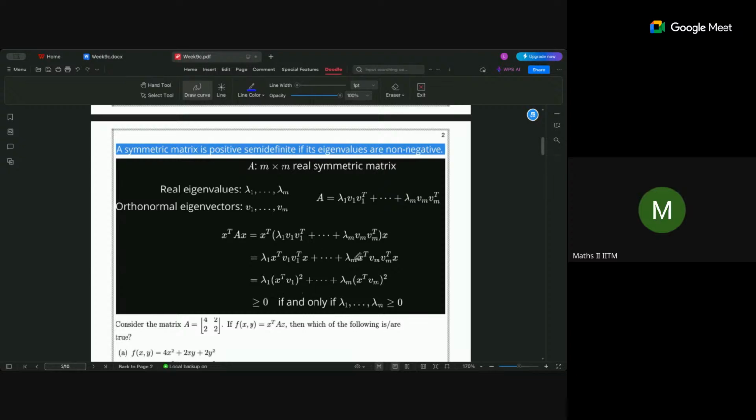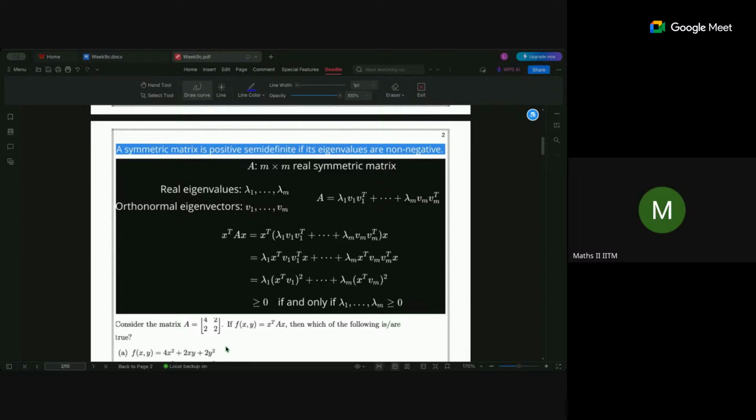So if the entire term is non-negative, then each lambda should be non-negative. So if you have a real symmetric matrix and you know that all the eigenvalues are non-negative, then x transpose Ax is non-negative. This is how you can verify whether a given symmetric matrix is positive semi-definite or not. Is it clear? If you are given a symmetric matrix, how to verify positive semi-definite? You simply have to find the eigenvalues and check whether they are non-negative.